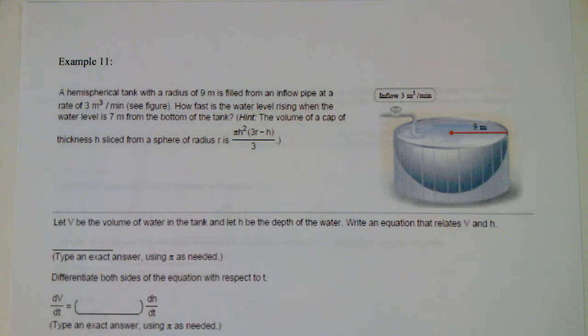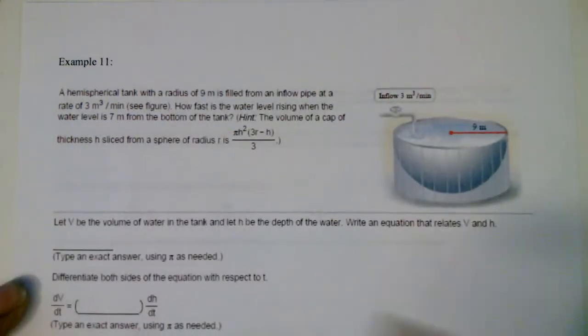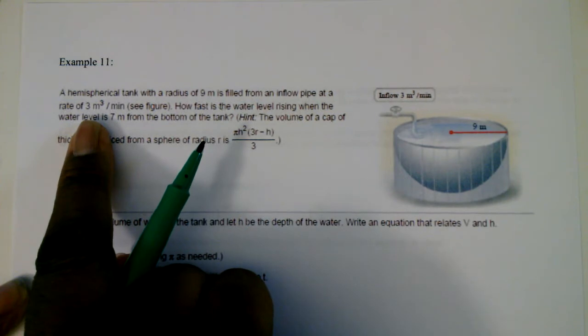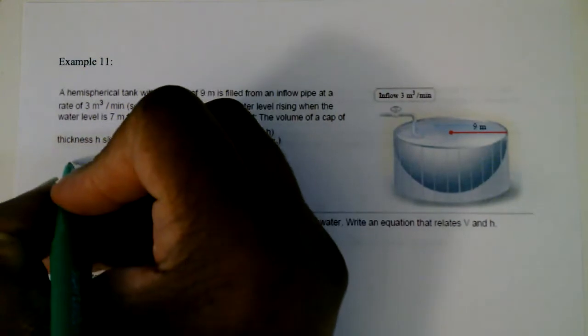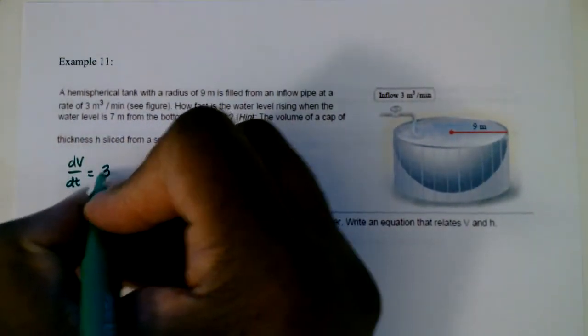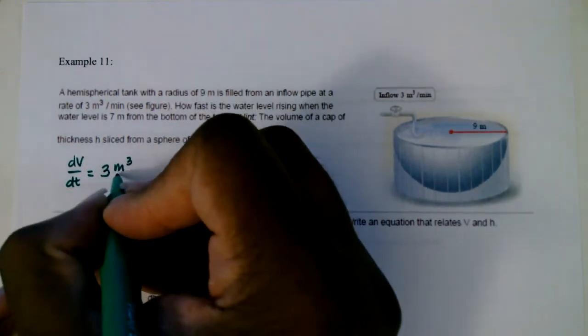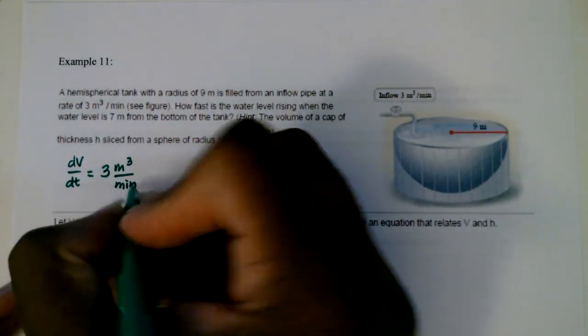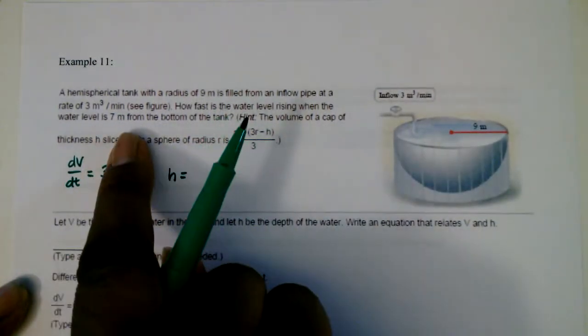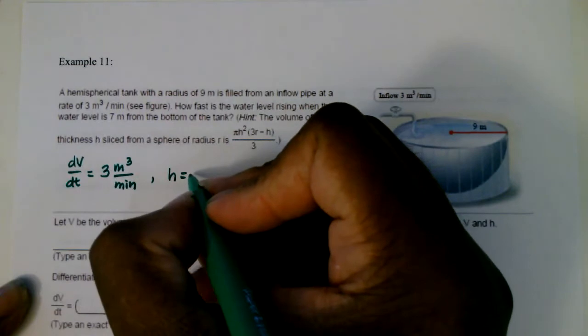Okay, so let's identify what we already have first and go from there. This has to be the change in the volume because it's in cubic meters per minute. So that's dV dt. And we're told that the height of the water level is 7 meters from the bottom of the tank.